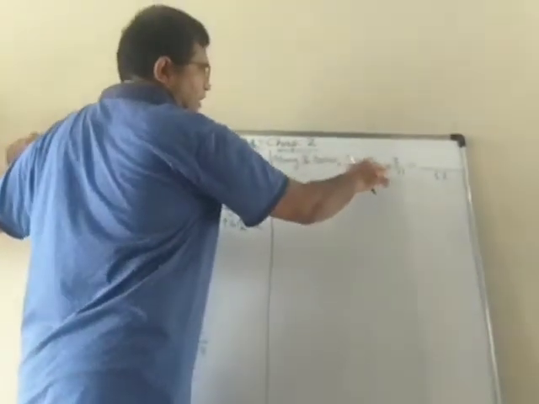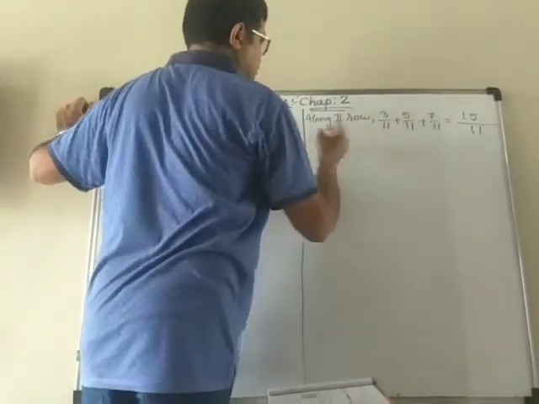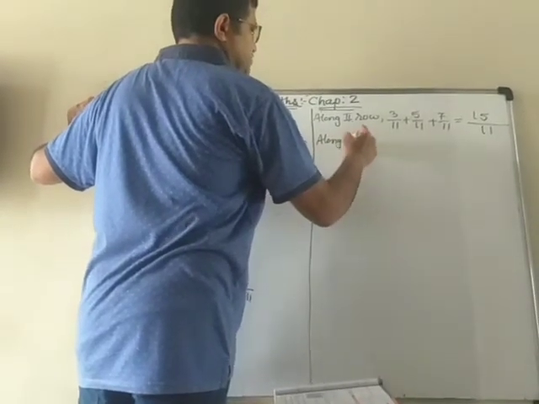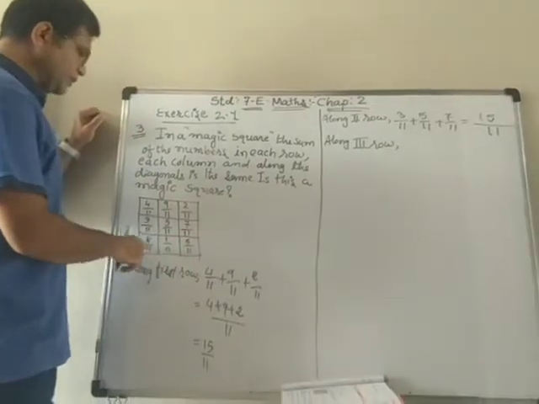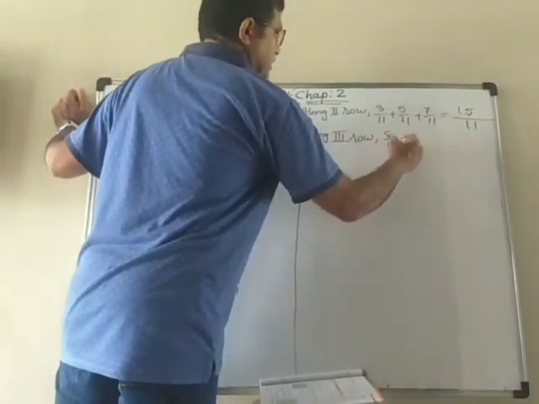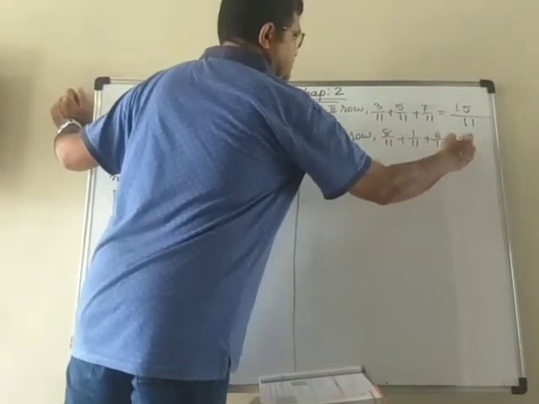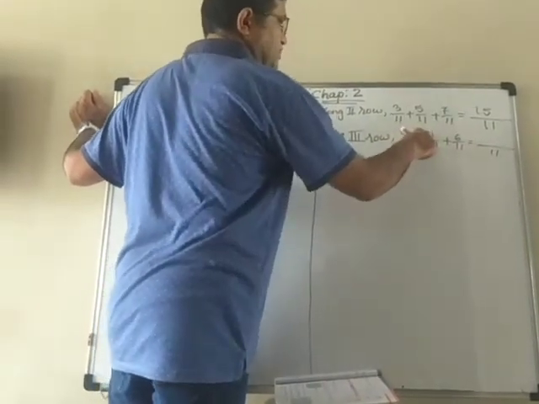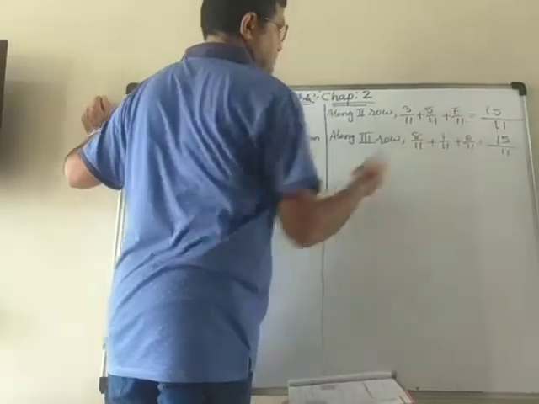So 3 plus 5, 8. 8 plus 7, 15. Then along the third row, what are the numbers? 8 upon 11, 1 upon 11, 6 upon 11. 8 upon 11 plus 1 upon 11 plus 6 upon 11. So 8 plus 1, 9, 9 plus 6, 15. So that is also the same.